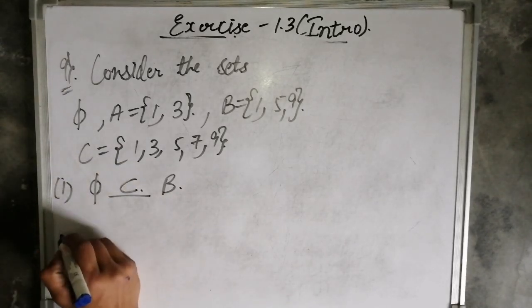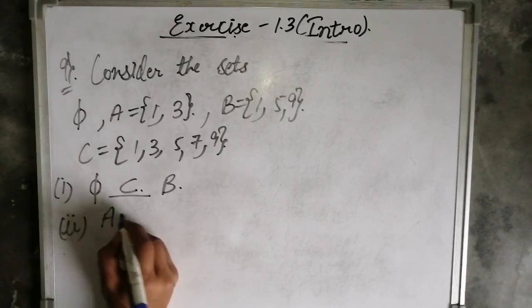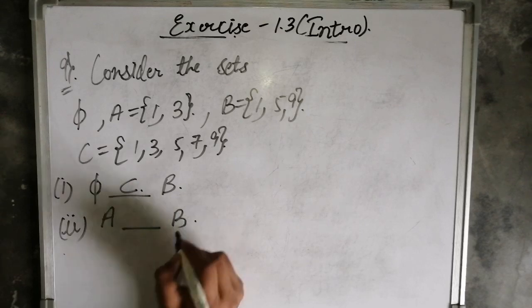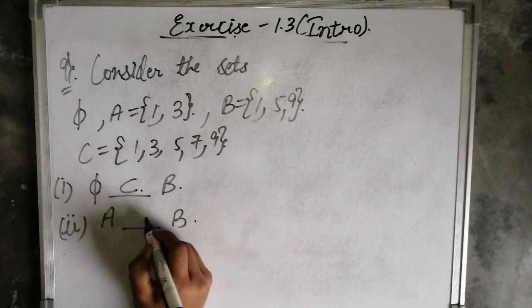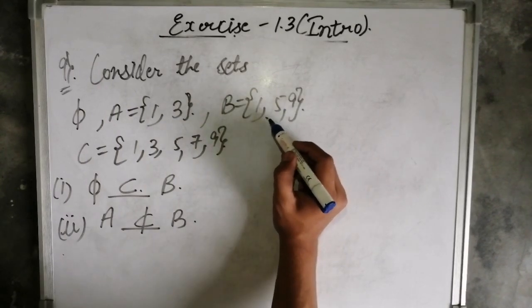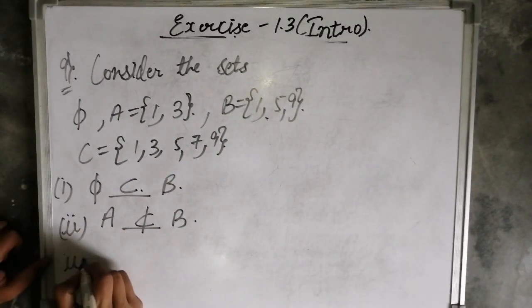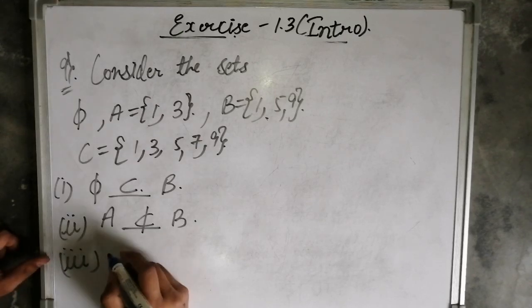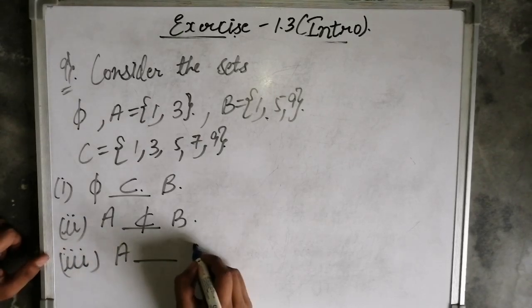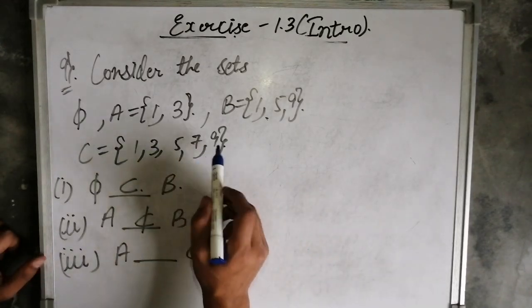And move to the second part. We have A and B. No, this is not a subset because in this, 3 is not included in the set B. Now moving on, we have A and C, where C is {1, 3, 5, 7, 9}.